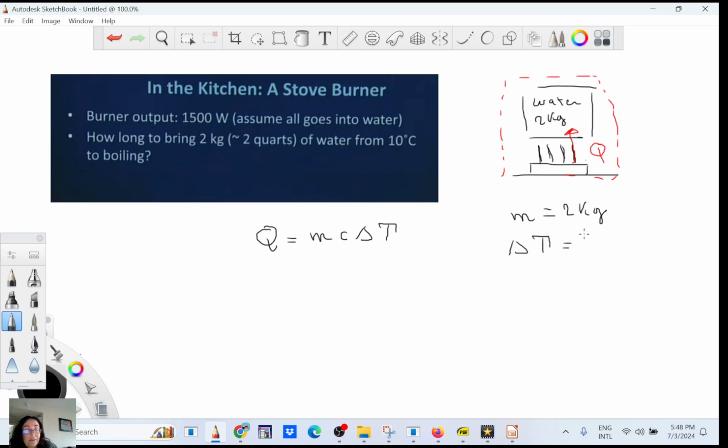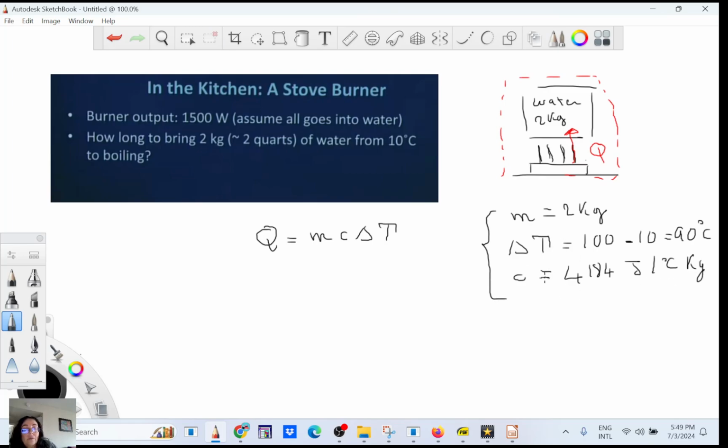The boiling point is 100. So that's going to be 90 degrees Celsius. Specific heat is going to be 4184 joules per degree Celsius and kilogram.